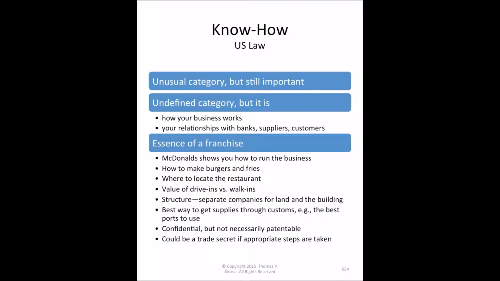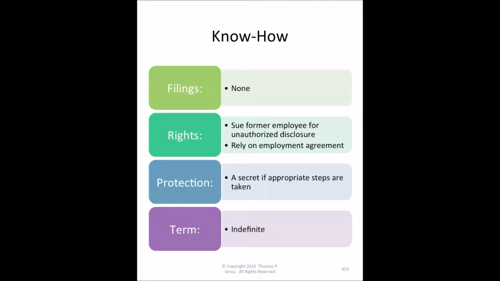And it's the kind of things you would learn, for example, if you sign up for a franchise for Burger King or Big Mac or McDonald's. They show you how to run the business, how to make the burgers, the fries, the structures, and not necessarily patentable, probably a trade secret if you take appropriate steps, but basically confidential. The idea is to keep it out of the hands of the general public as much as possible.